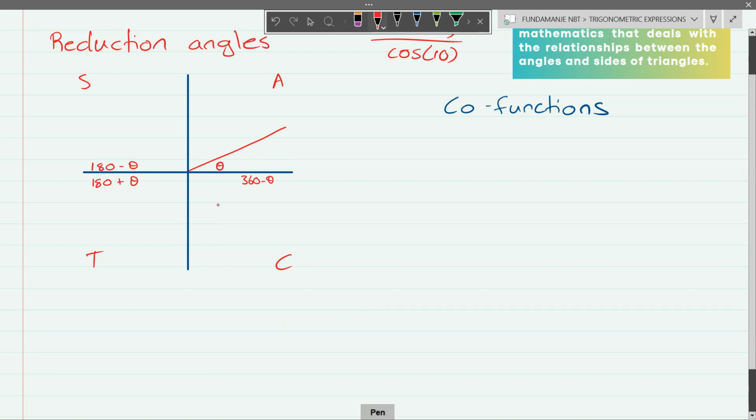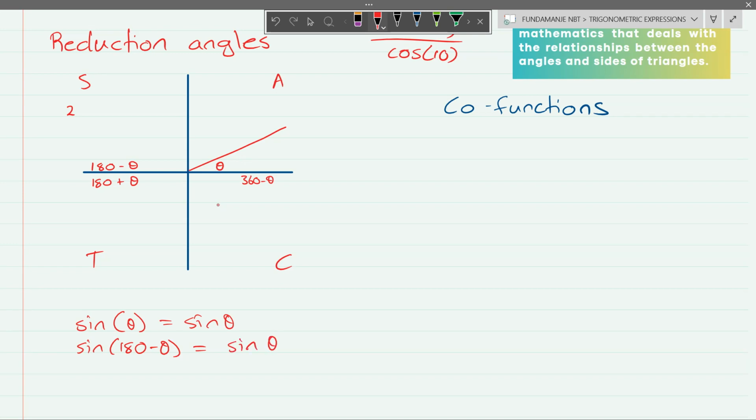But this is what the general law states: sine of theta is just equal to sine theta. If we have sine of 180 minus theta, since 180 minus theta is in the second quadrant, this is going to be positive sine theta. Then sine of 180 plus theta, in the third quadrant where only tan is positive, is going to be minus sine theta.